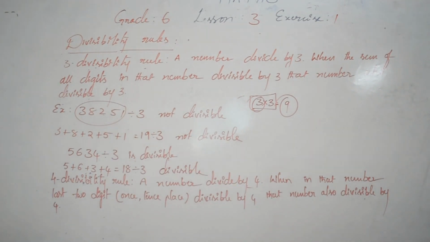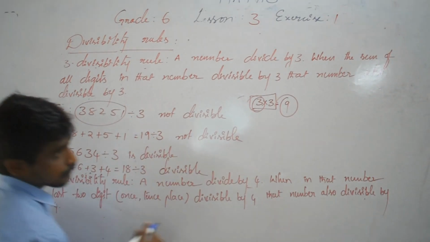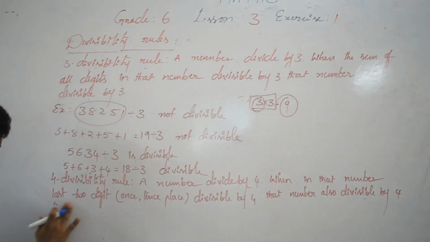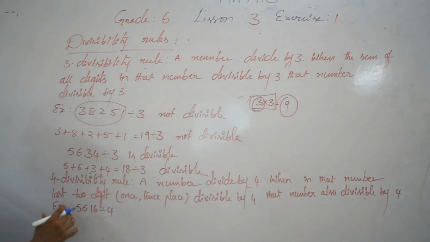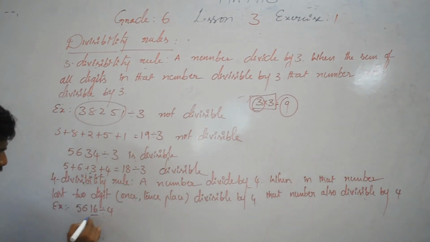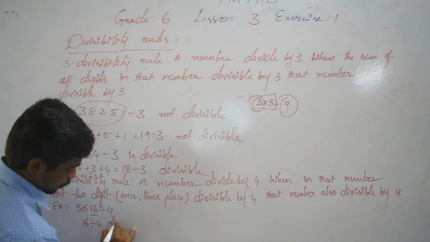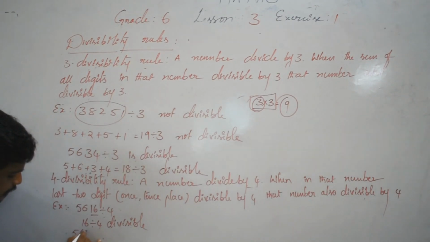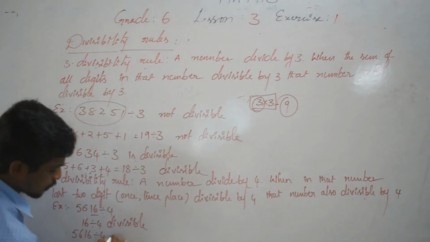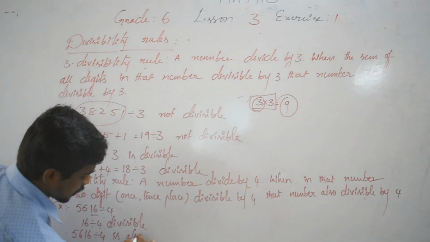So example, 5616 divided by 4. Here last two numbers, what are they? 16. 16 divided by 4, divisible or not divisible? Divisible. So 5616 divided by 4 is also divisible.